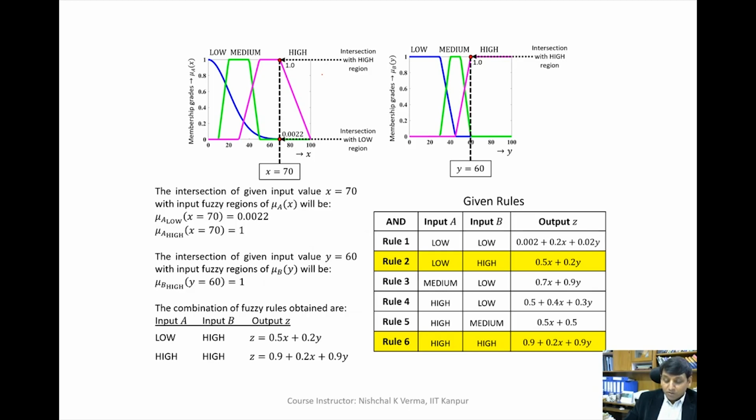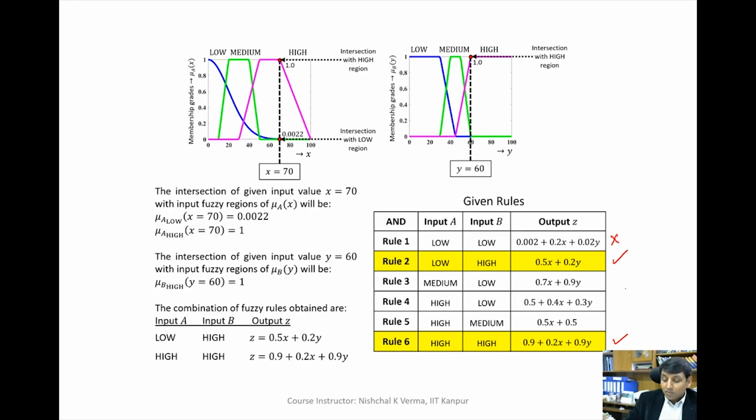Now here we have to look for the applicable rules. Since we have 6 rules given for the TSK fuzzy model, we have only 2 combinations, that is low high, high high. So rule number 2 will apply and 6 will apply.